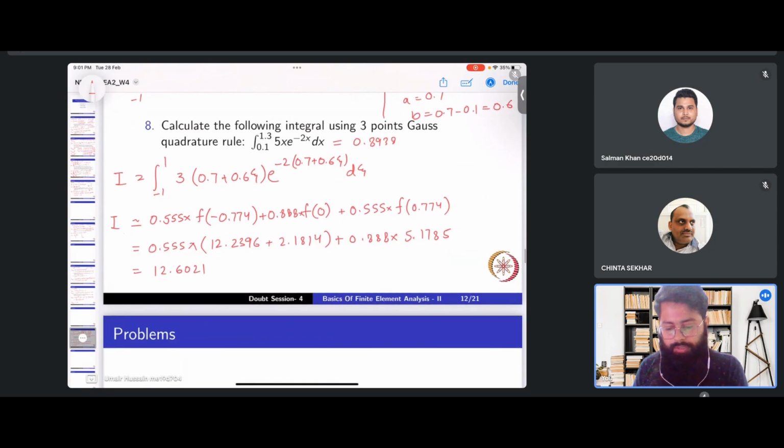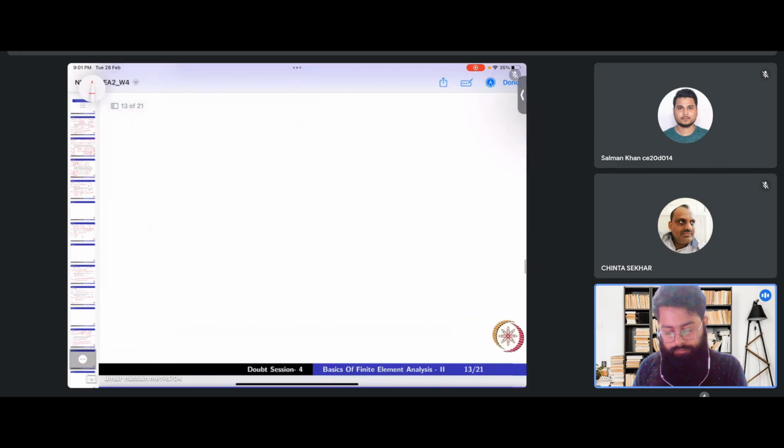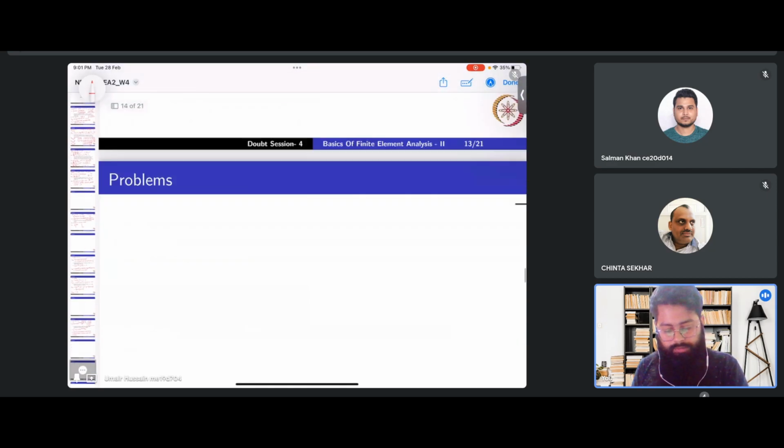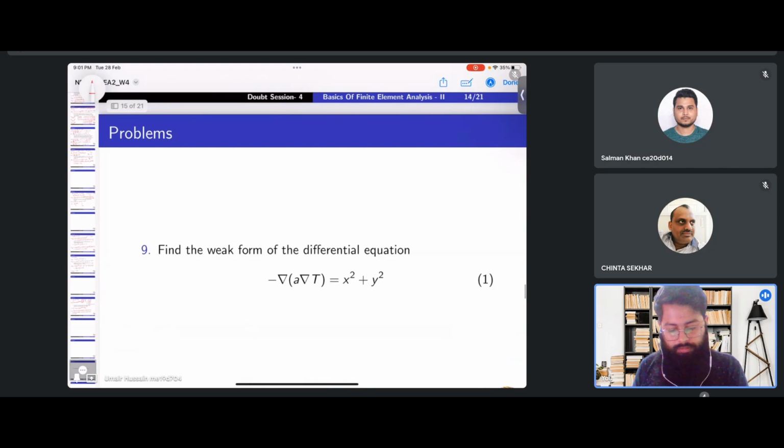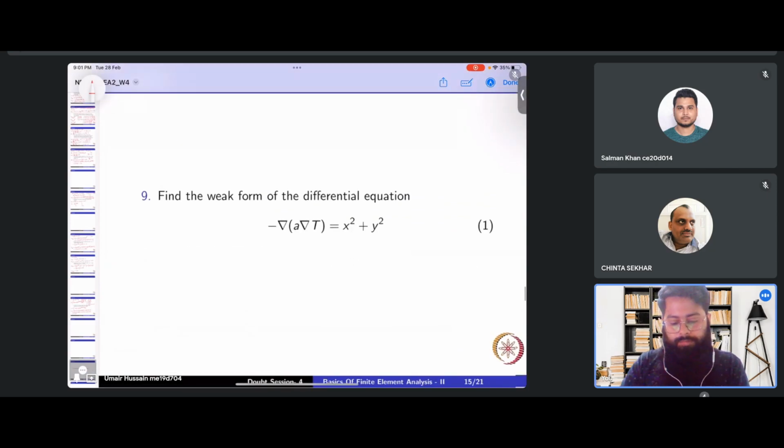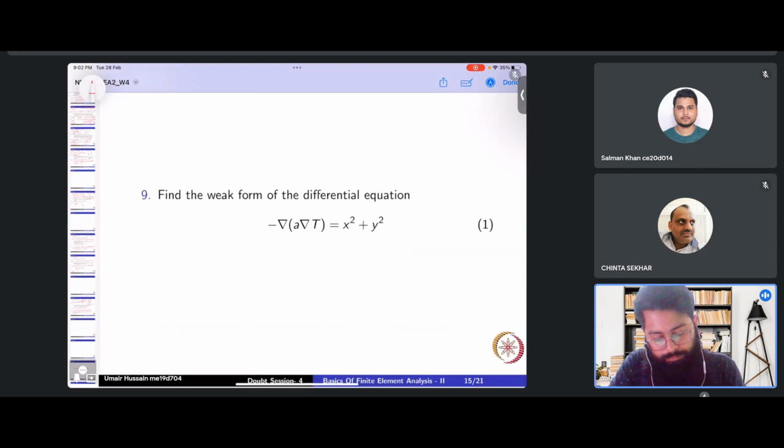Yes, we'll quickly move to the next problem. I think we are out of time, but we can just cover one simple 2D weak form calculation problem. So we need to find the weak form of this function here.